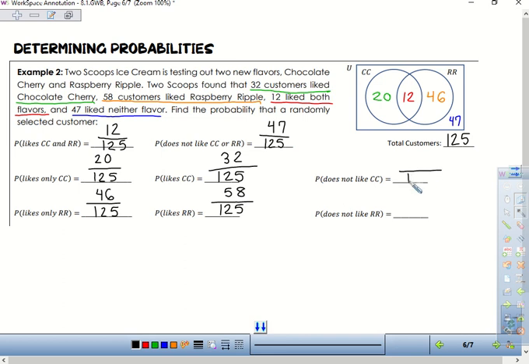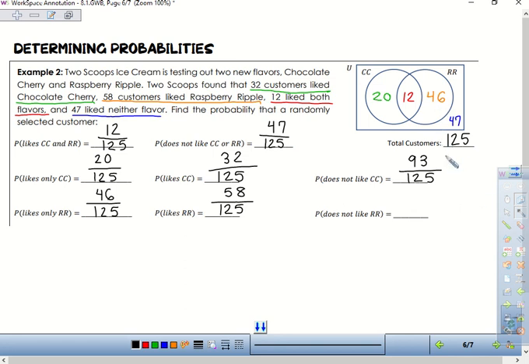Out of 125 people, how many of them do not like chocolate cherry? 93. Good. How'd you get that? 46 plus 47. Good job. So to find out how many people do not like chocolate cherry, you have to add up how many people didn't like either and how many people just liked the Raspberry Ripple, right?